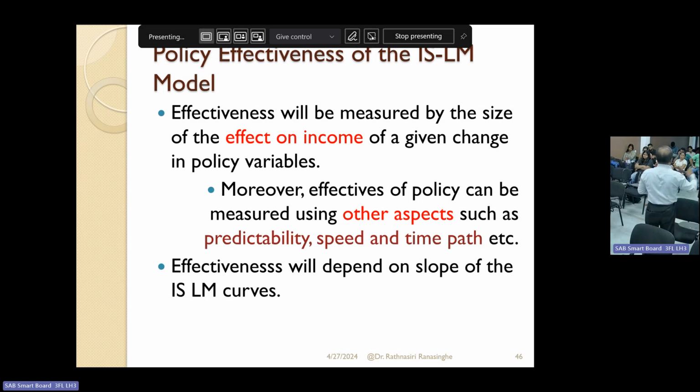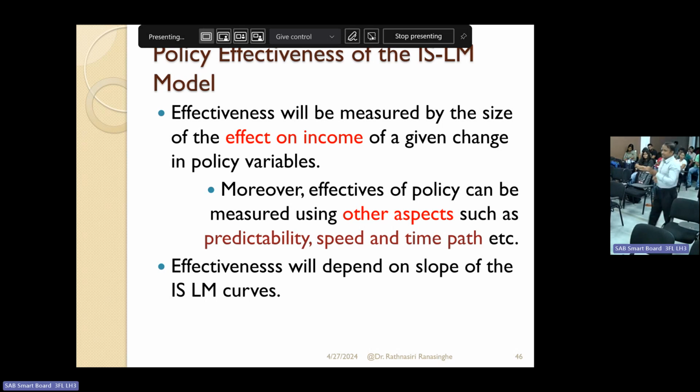Sometimes, if it takes a long time to see the outcome, those policies are not effective, depending on the situation. If we can get the outcomes speedily, those policies sometimes, because of an emergency, we take as effective policy.